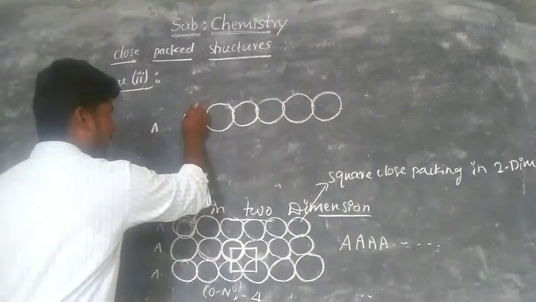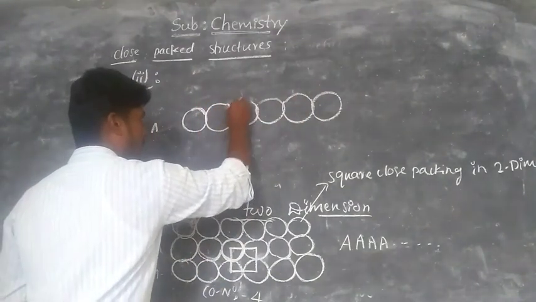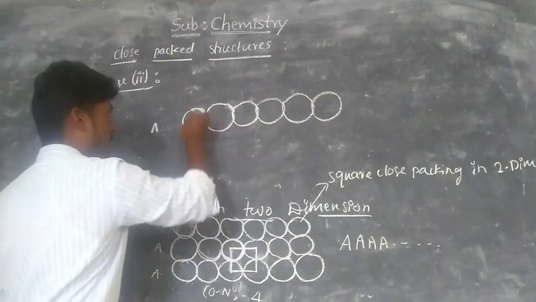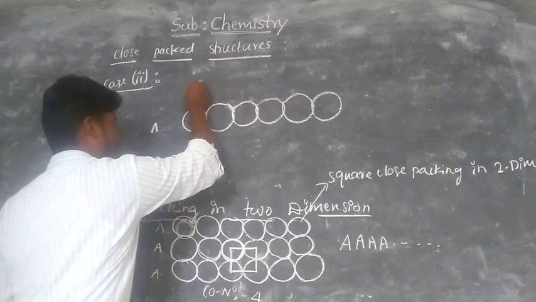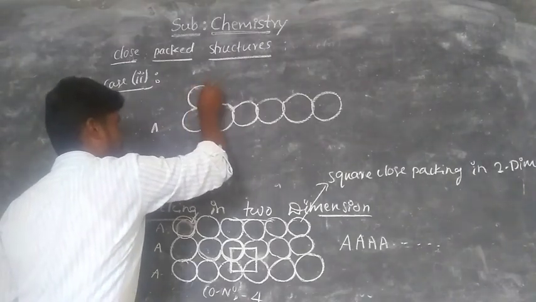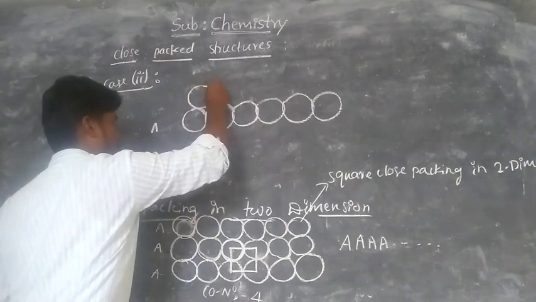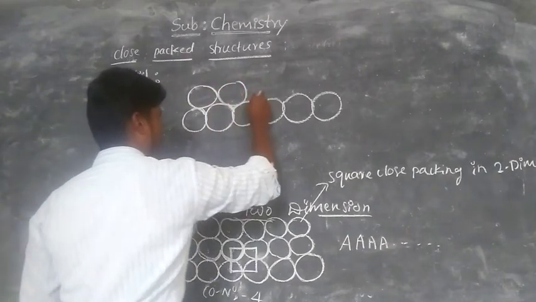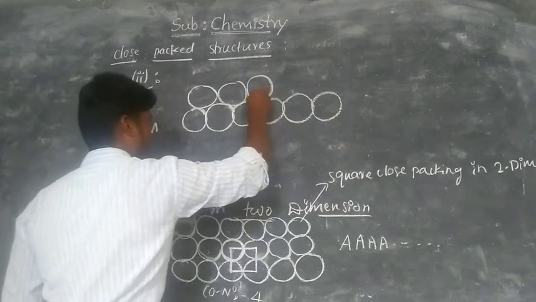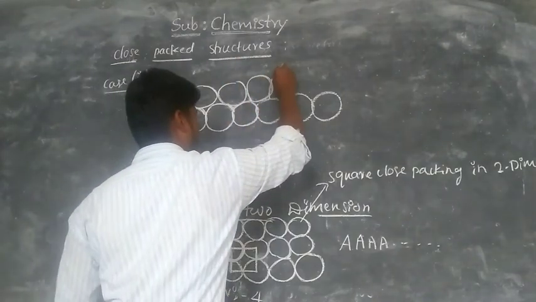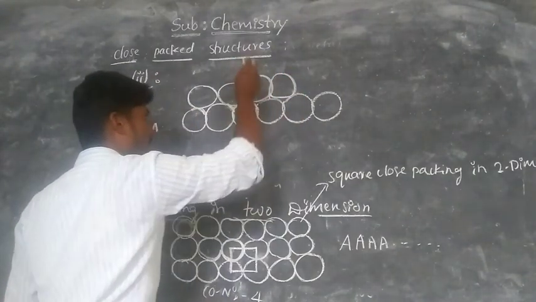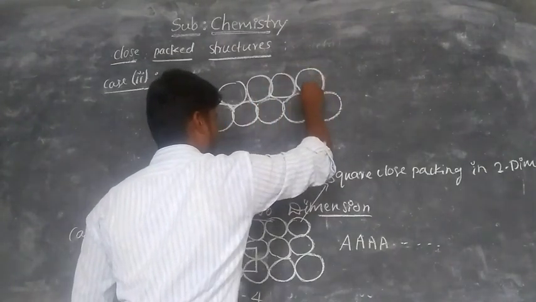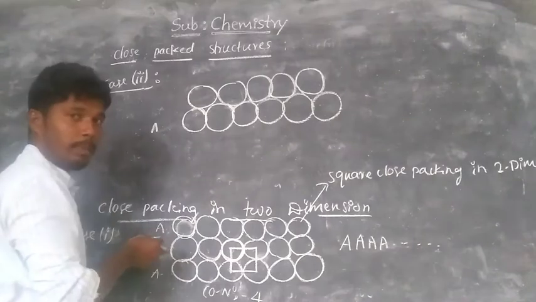This bend shape, we call these depression regions. In these depression regions, the second row is placed. The second row is placed over the depression regions of the previous row.